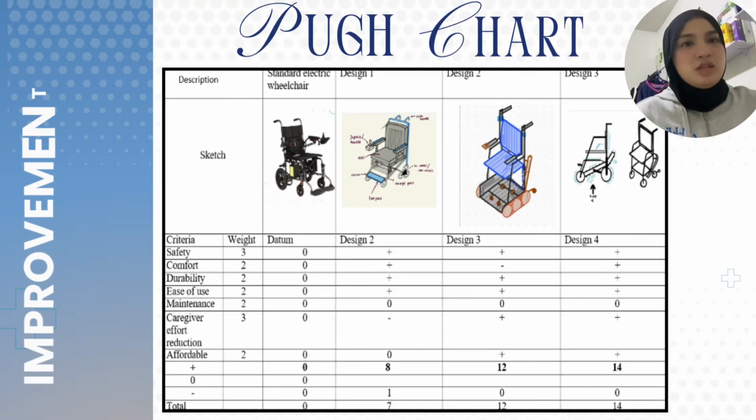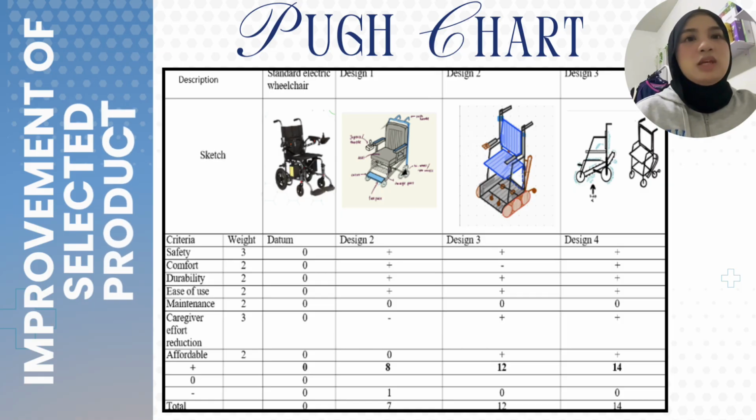This is our Pugh chart. As you can see, we benchmarked three designs against our standard electric wheelchair, which we use as our datum. The criteria we use for benchmarking are safety, comfort, durability, ease of use, maintenance, caregiver effort reduction, and affordability.